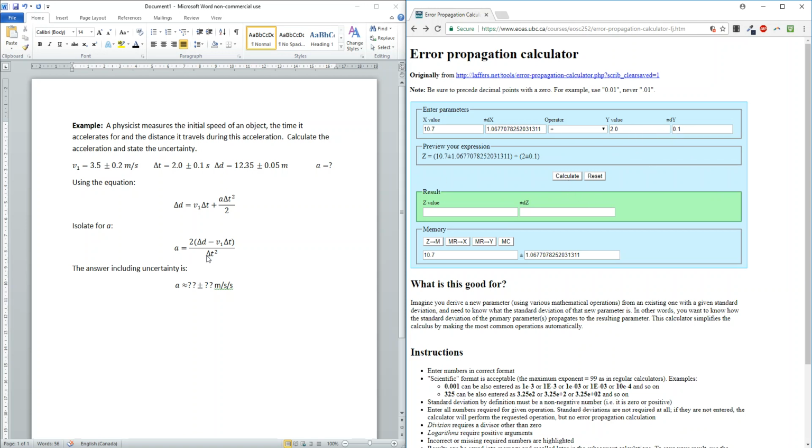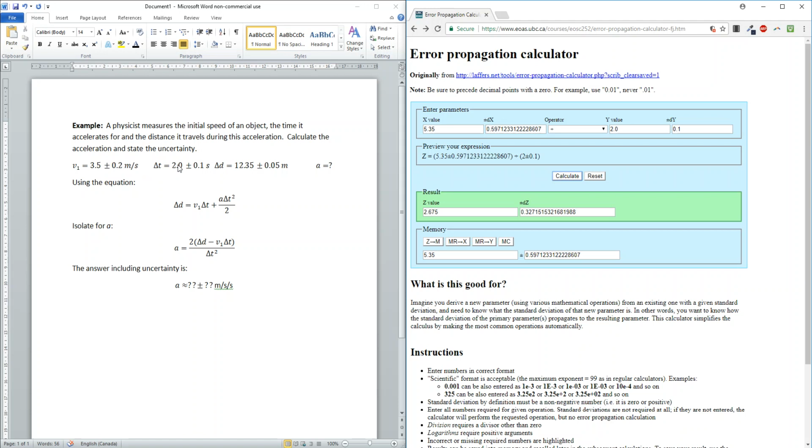So I'm going to divide it once and divide it again, because that's what squaring means. So I'll calculate it. There we go. I will store it again, recall it as x, and I don't have to change anything here because I'm dividing it by that again, because it's delta t squared. Calculate, and we get 2.67 plus or minus 0.3, as you see here.